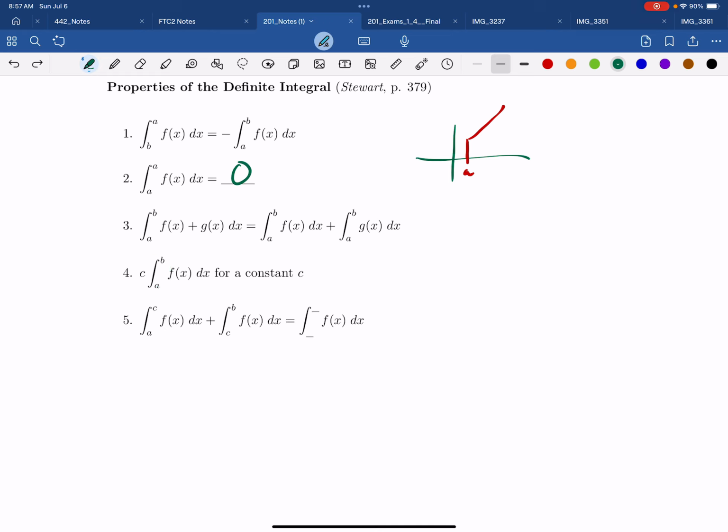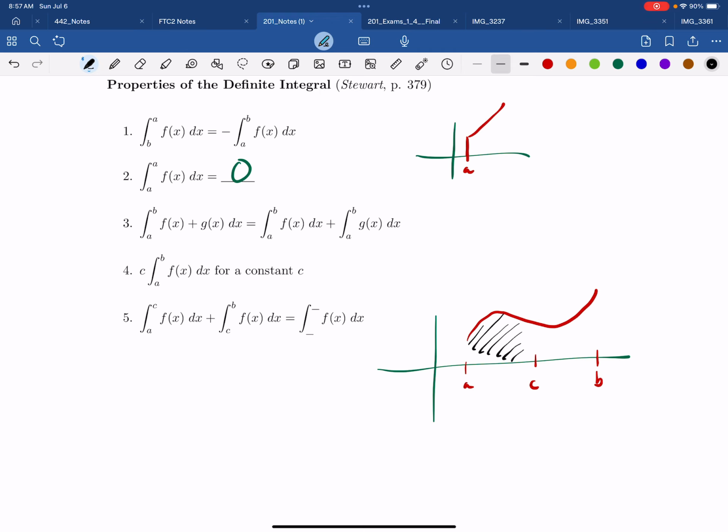And let's suppose you're integrating some function from a to b, and then you decide to stick this third term c in here. Well, maybe you can see the area under this curve plus the area under that part of the curve is just the area under the whole thing, right?